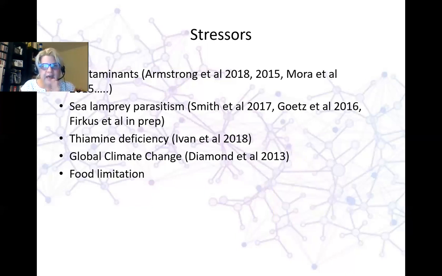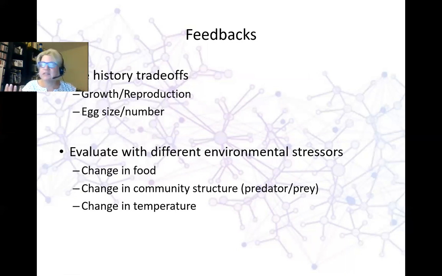To put these pieces together, we have to think about these feedbacks. We have to think about life history trade-offs, growth, reproduction, egg size and number as some examples. And we have to evaluate with different environmental stressors like changes in food, changes in community structures like predator-prey dynamics, and also changes in temperature.